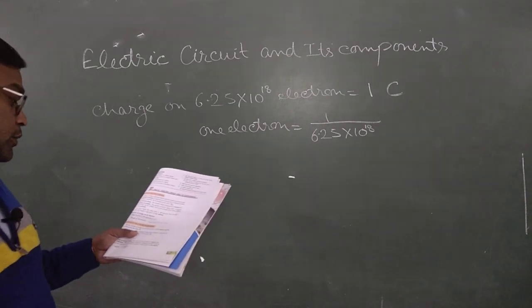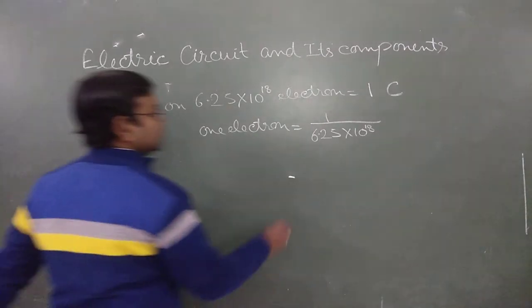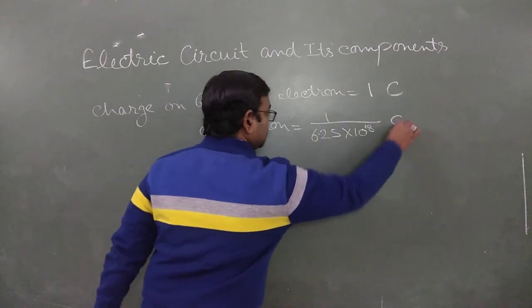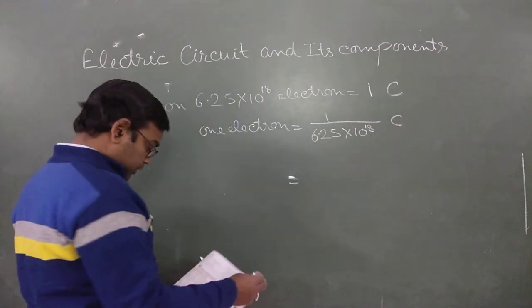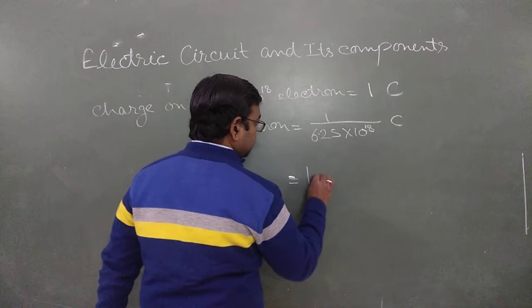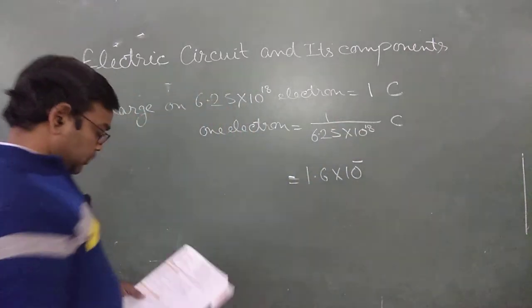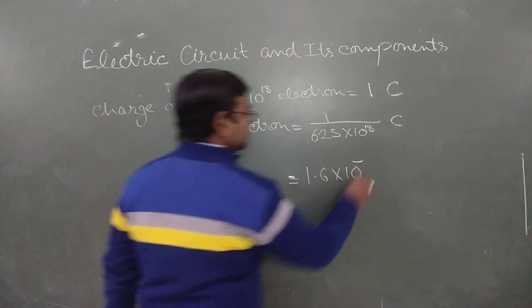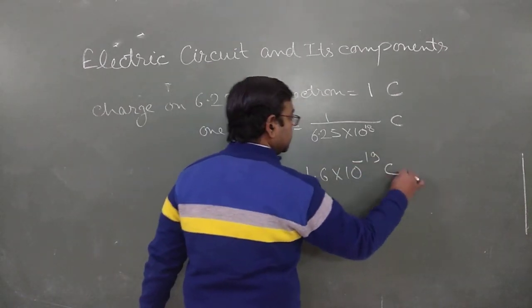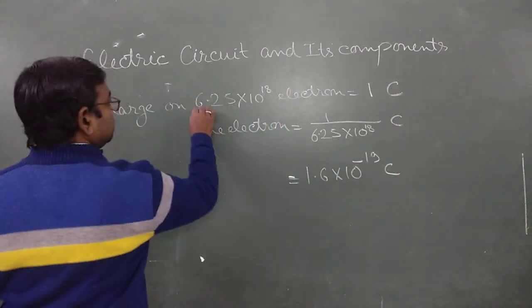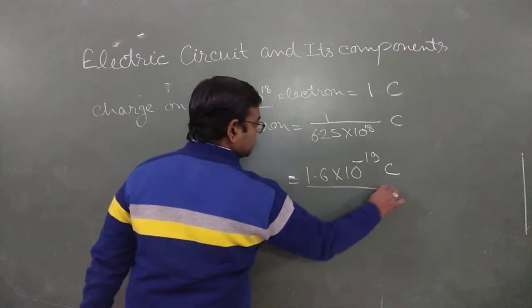This is the charge of an electron. When we solve this, it is 1.6 into 10 to the power minus 19 coulomb. You must remember this figure.